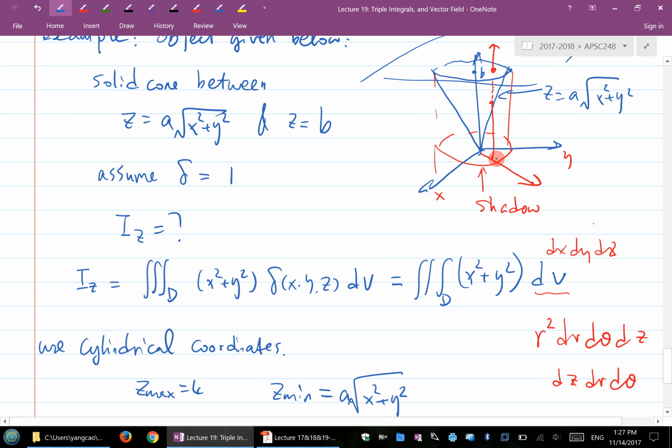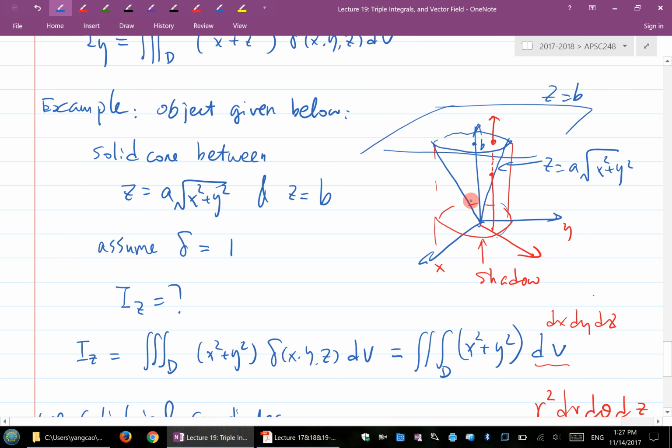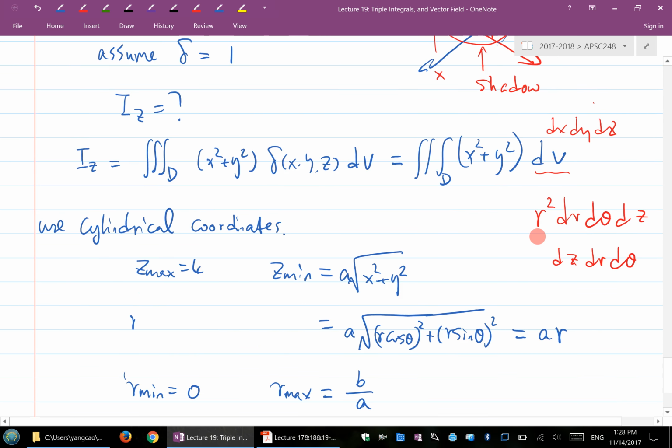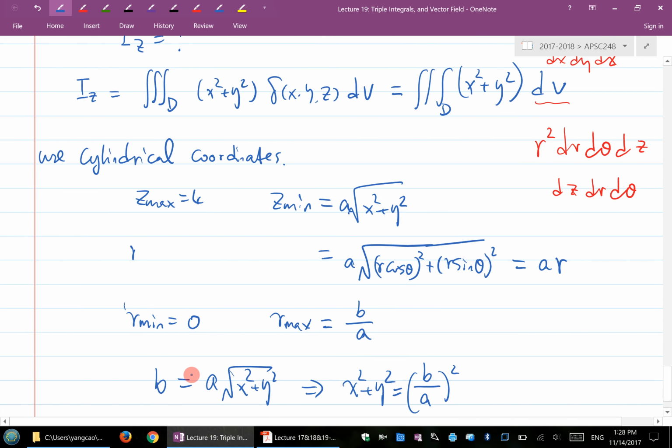This circle here comes from the projection of this one, and this top circle is the intersection between the plane and the cone surface. So you let z equal b, and you get b equal to this whole thing. Then b over a, taking the square on each side, you get the circle radius.